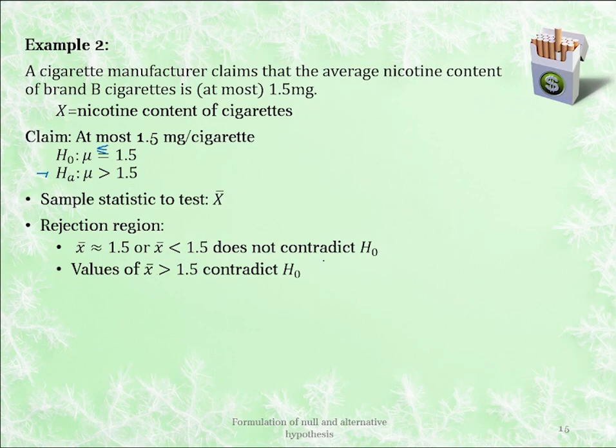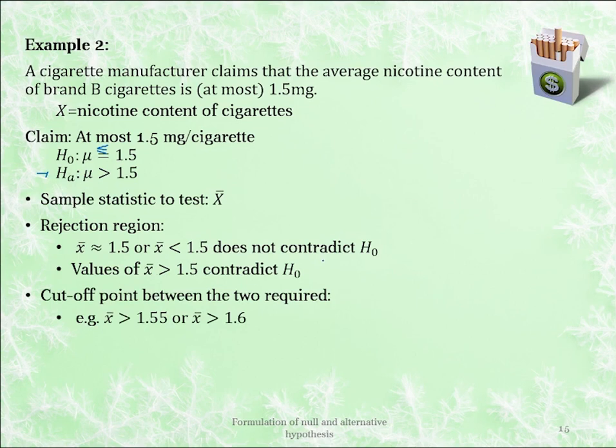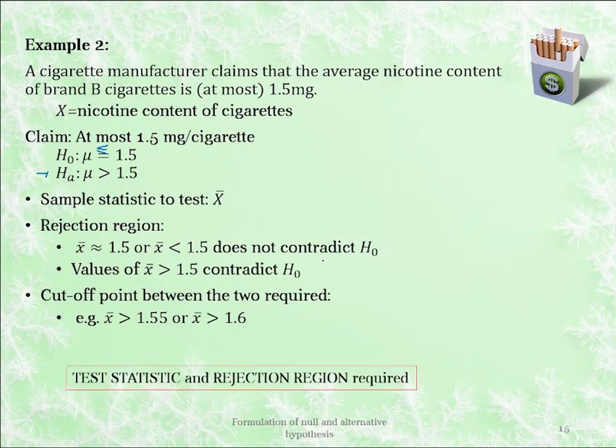So that is what we are looking for. So we need to find a cutoff point, which is obviously larger than 1.5, the value we're interested in. And again, we need to know, how do we choose this value? So we need to think about what our test statistic is and what rejection region is required.